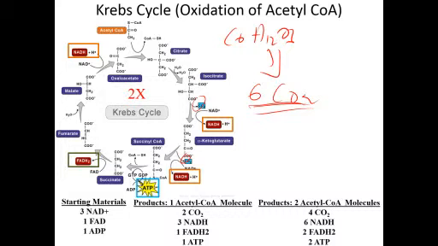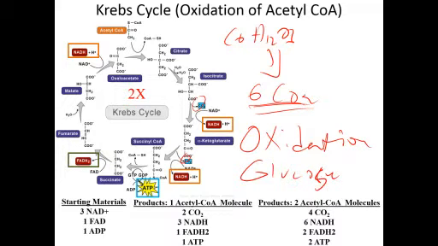The whole purpose of glycolysis, the production of acetyl-CoA, and the Krebs cycle is all about the complete oxidation of glucose to CO2.